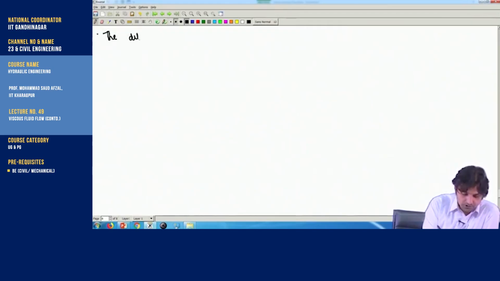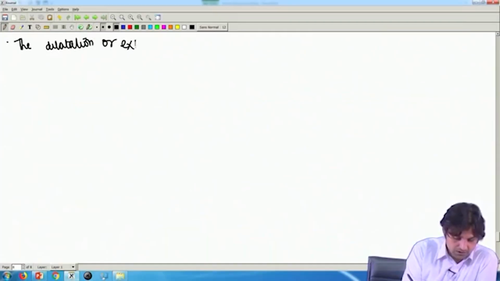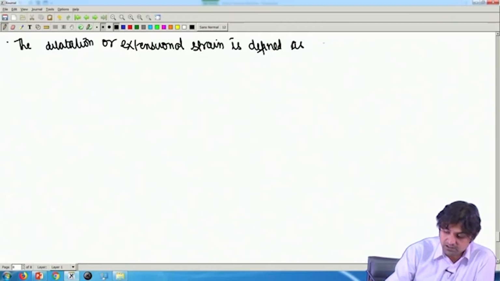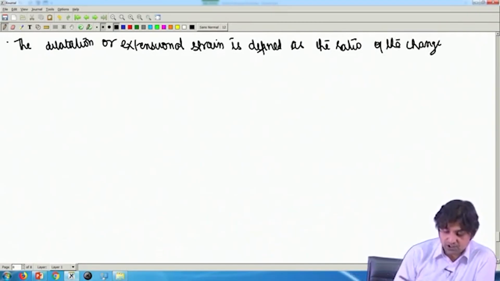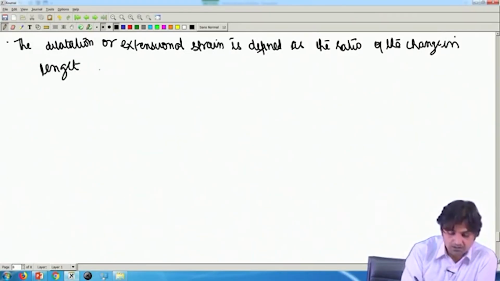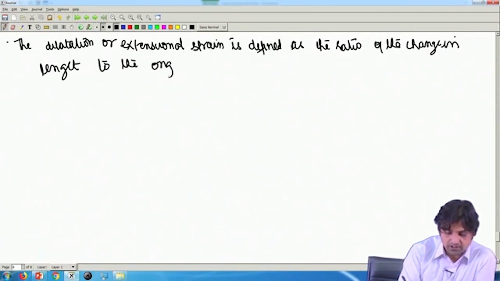The dilatation or extensional strain is defined as the rate of the change in length to the original length, right.